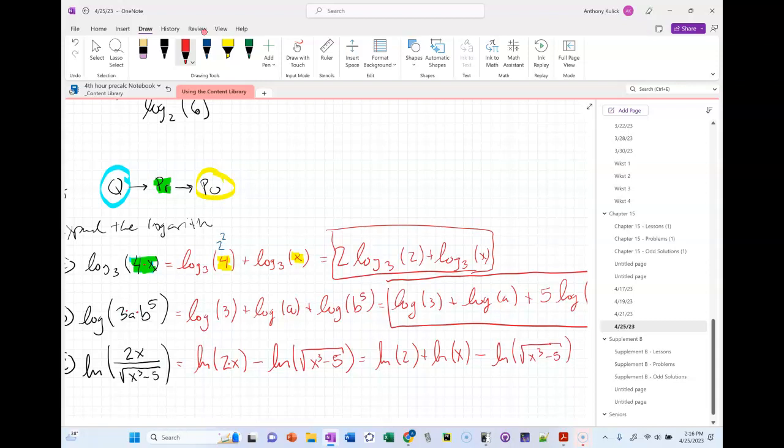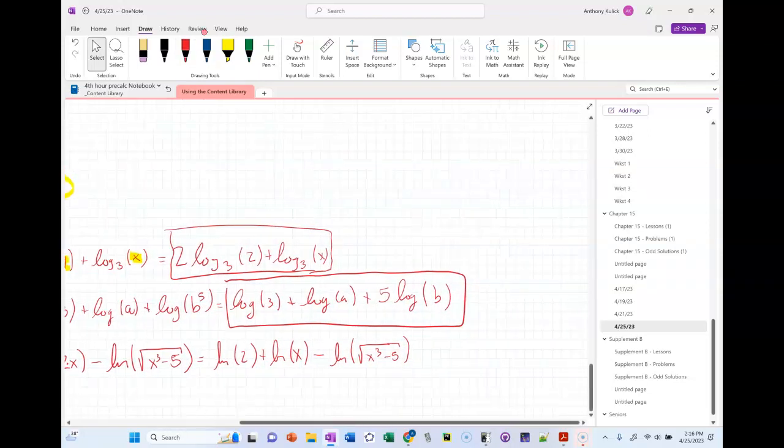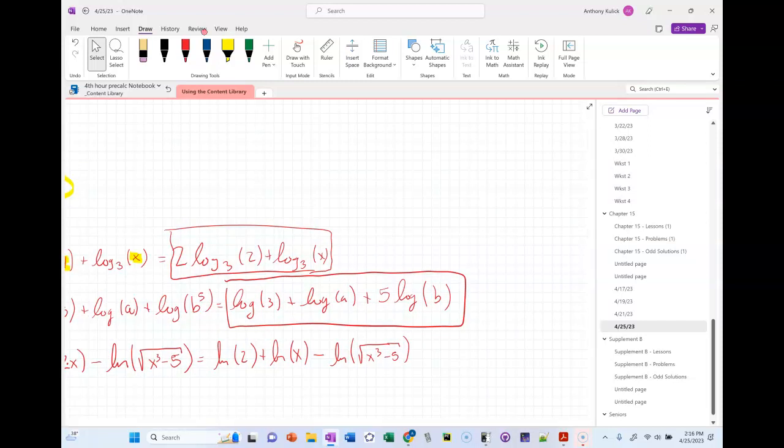Now let's look for power properties. If I do the natural log of 2, is there a power property there? No. Natural log of x, is there a power property there? No. Natural log of the square root of x cubed minus 5, is there a power property there? Okay, yes. What is the power?